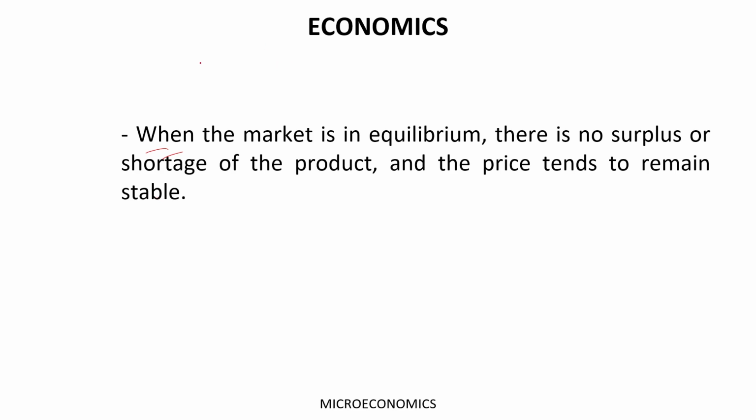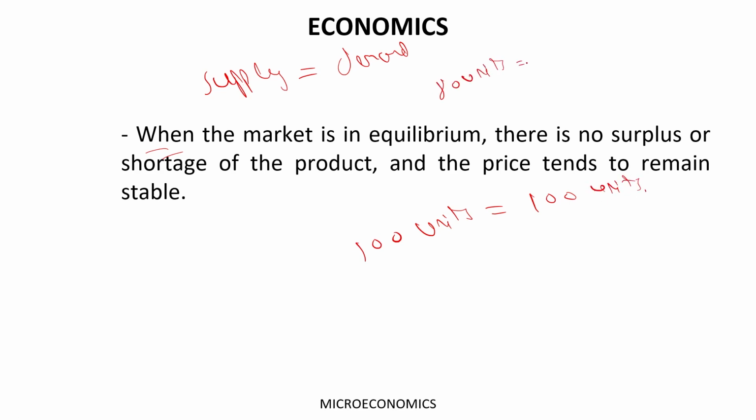As I have told you, supply is equal to the demand, or you can say if 100 units supplied, then there was a demand of 100 units. It's not like 80 units supplied and the demand was 100 units. Then there is a shortage.